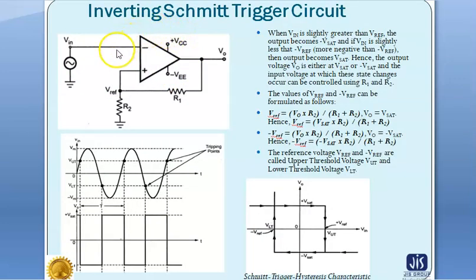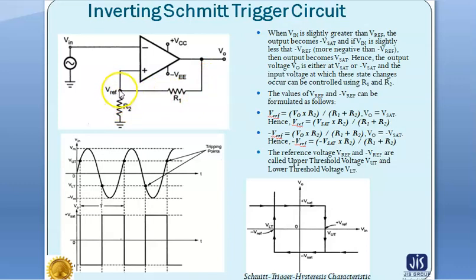Now this is the inverting Schmitt trigger using opamp. Here, why is it inverting? Because the input voltage is applied to the inverting terminal of the opamp. This is the reference voltage applied to the non-inverting terminal. This reference voltage is equal to V0 by R1 plus R2 into R2.